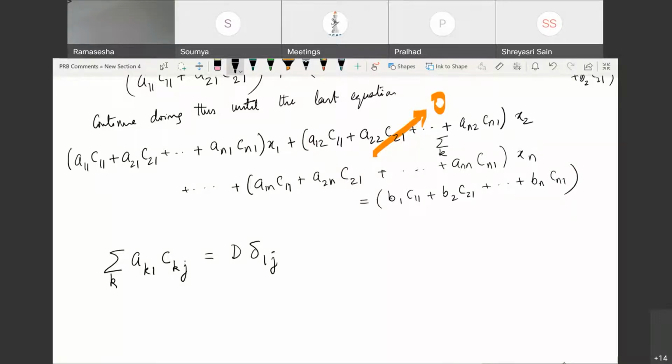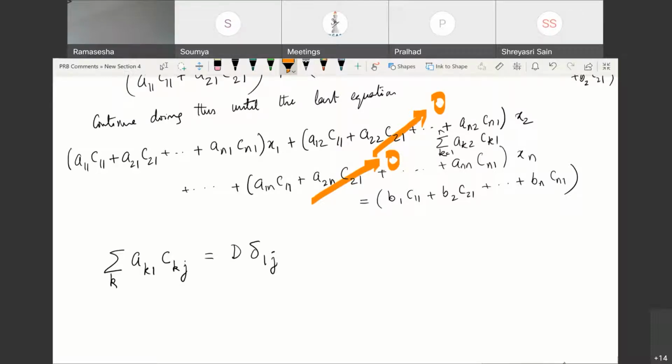Sigma over k, Ak2 Ck1, k equal to 1 to n, right? So this will go to 0, and similarly all these other things will go to 0.